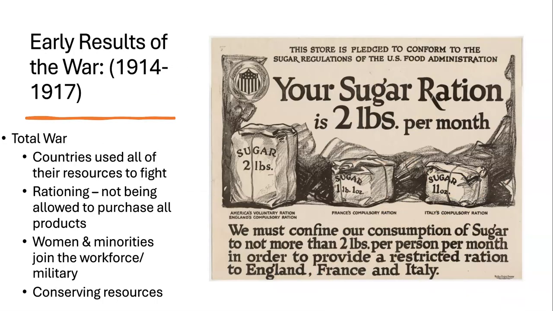Okay, so another major concern during the war was this idea of total war. Total war was this thing where during wartime, countries felt like they needed every single person in their country to contribute in every way they could to win. So countries used all of their resources. One of the things people could do is ration, so you couldn't just go in the store and buy whatever you wanted.